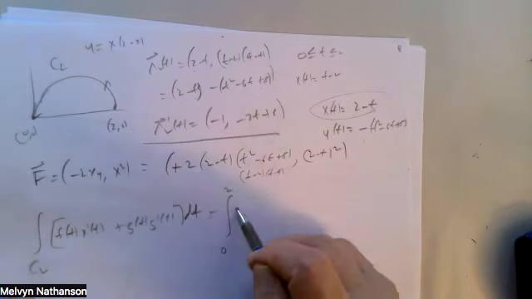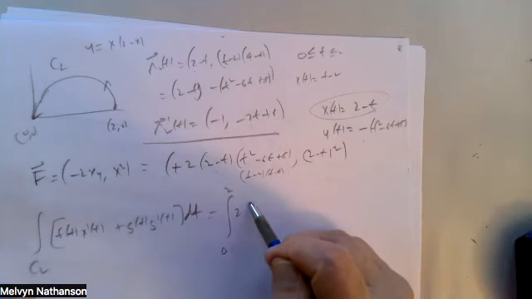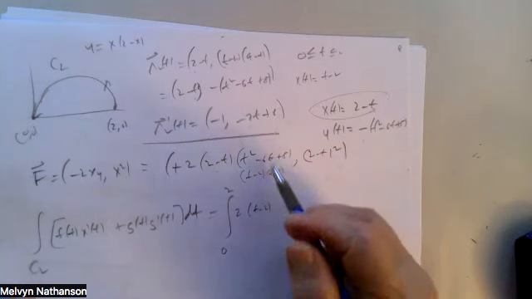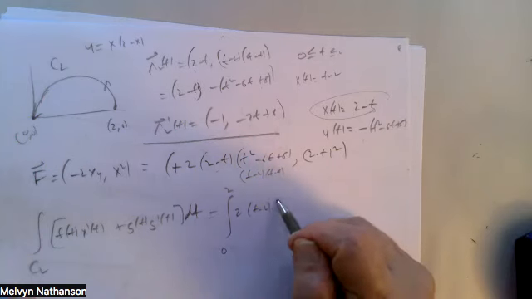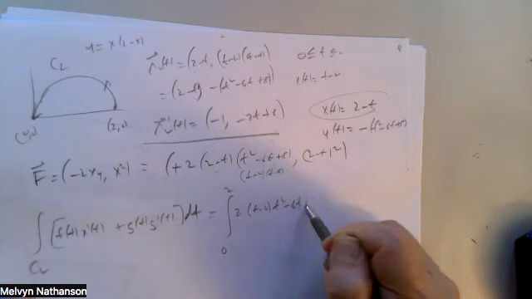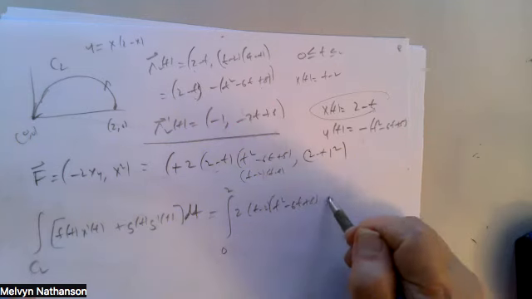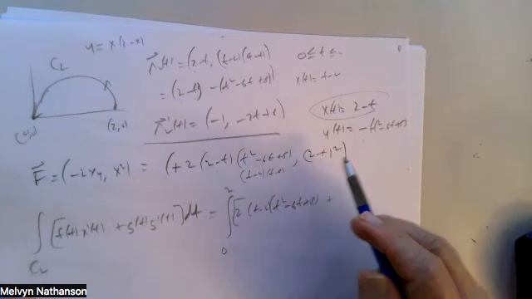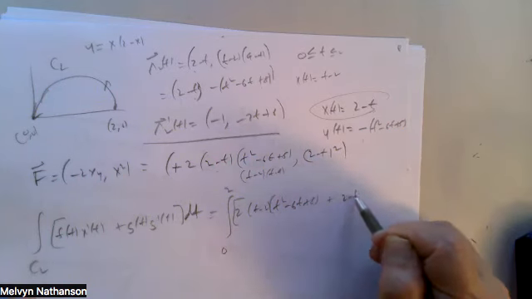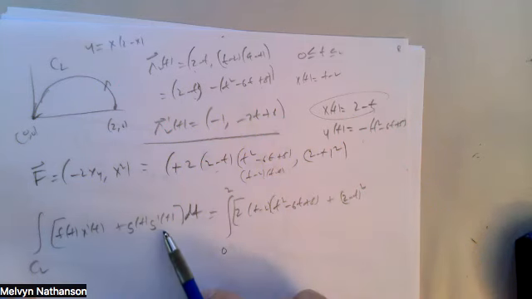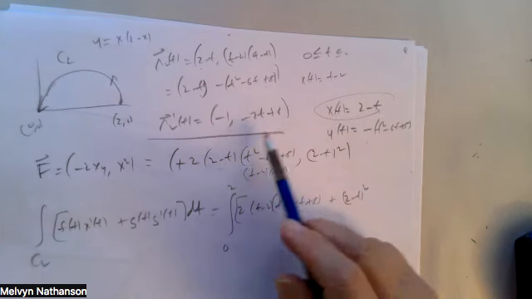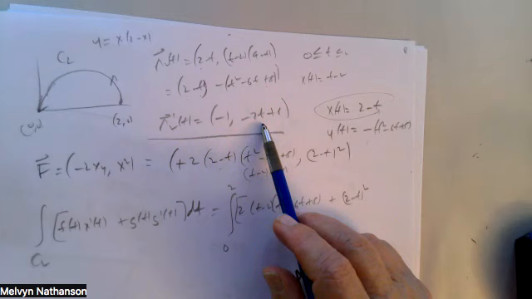So I can write this as 2 minus this is t minus 2 times this, t squared minus 6t plus 8. Plus g of t, 2 minus t squared times g prime of t, minus 2t plus 8.